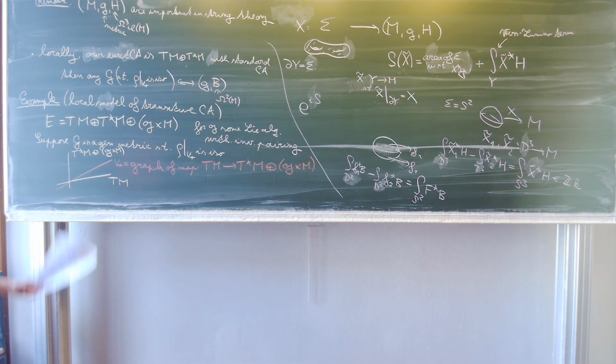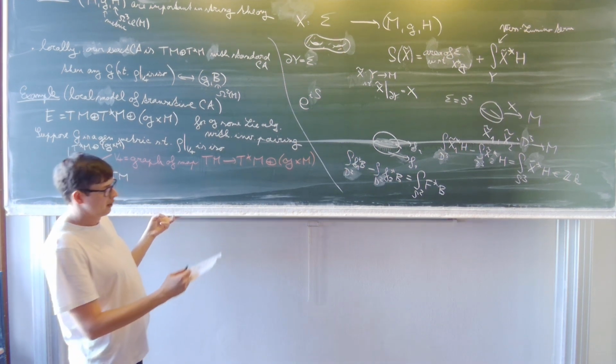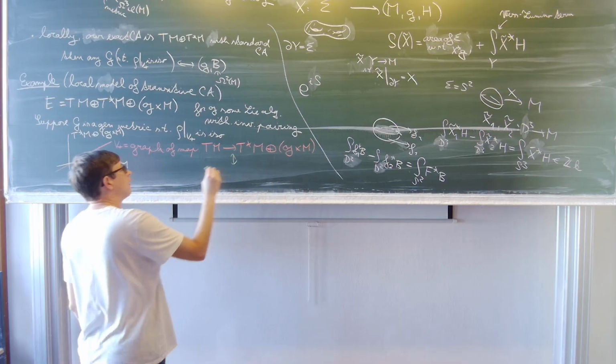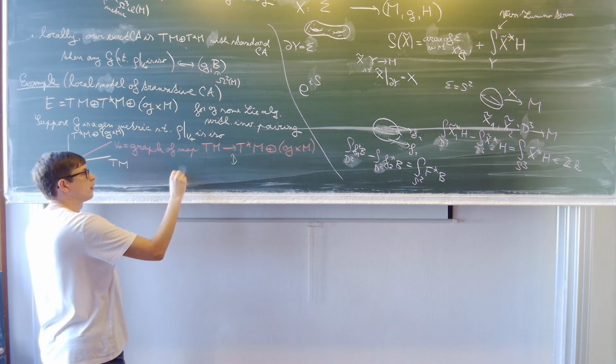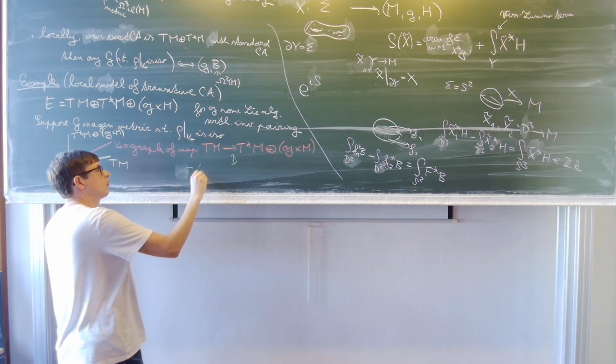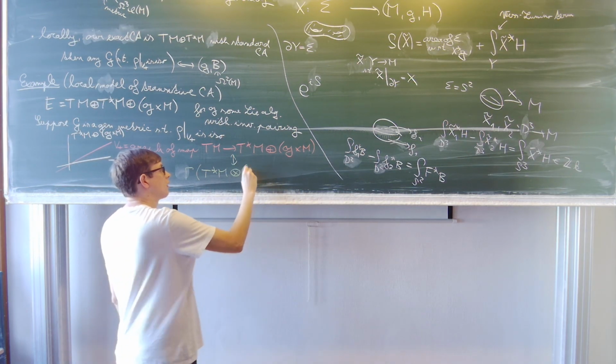And I want to make another last bullet point. What is an alternative way of describing such a linear map? Well, this is the same thing as saying that I have a tensor, a section of T star m tensor the rest.